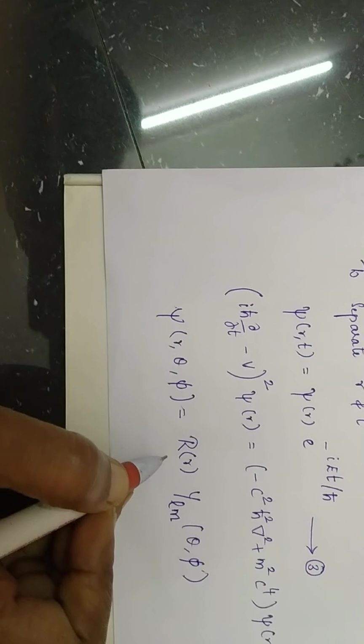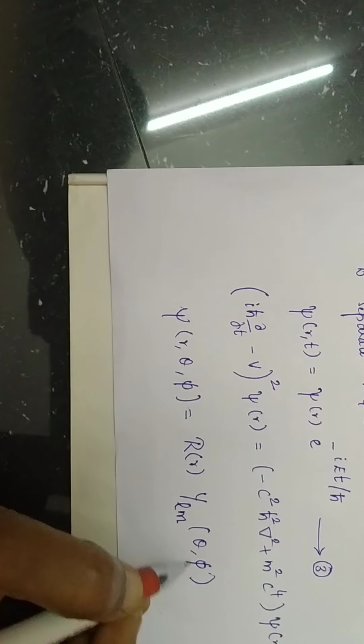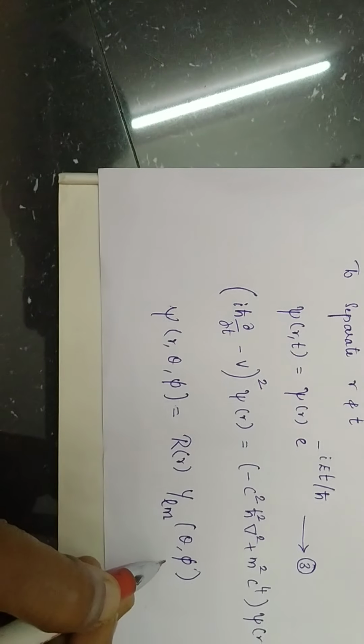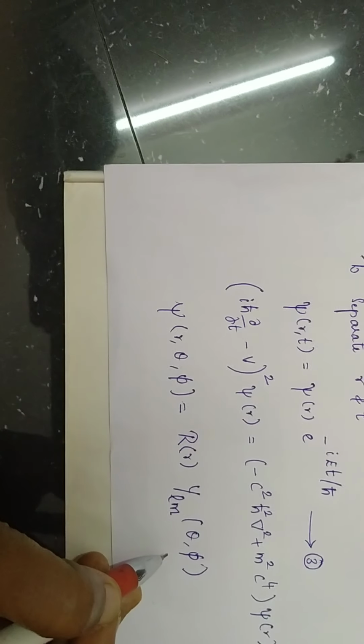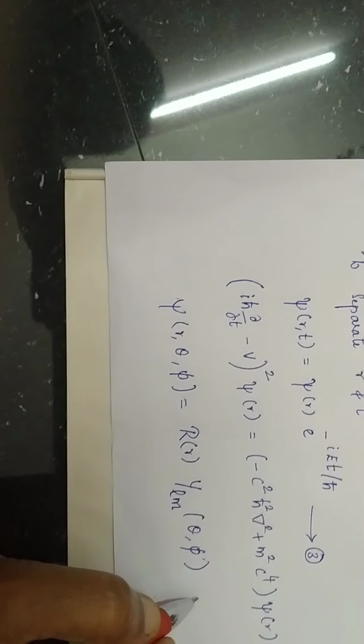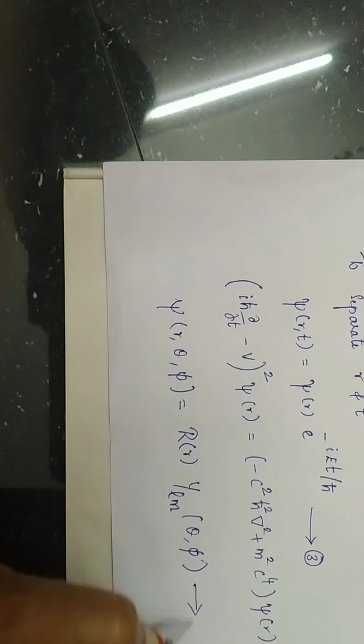Radial can be taken separately and the angular part can be expressed in the form of polynomials. Okay, so I am marking this as equation number 5, and now the radial part is of our interest. The angular part we will see later. First we are going to see the radial part of this equation.